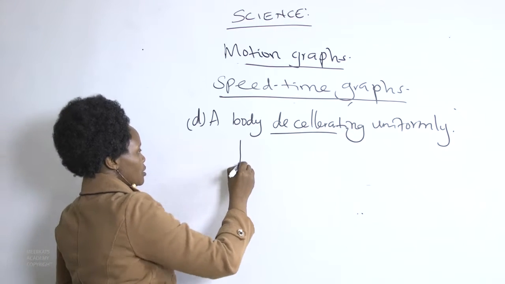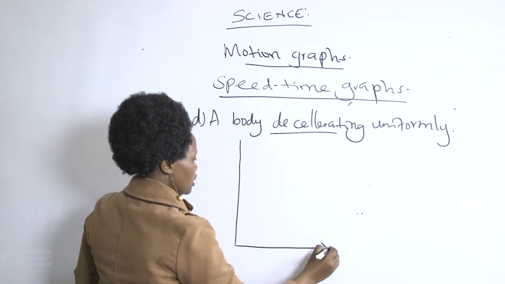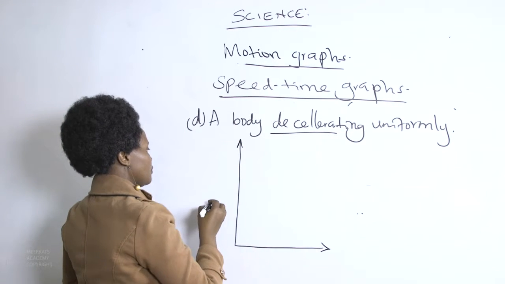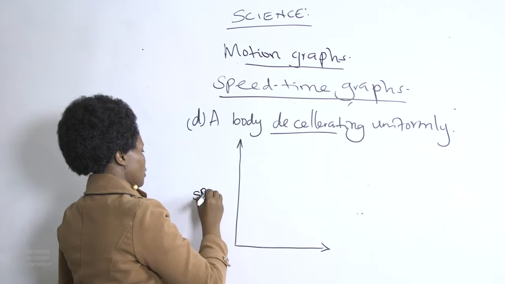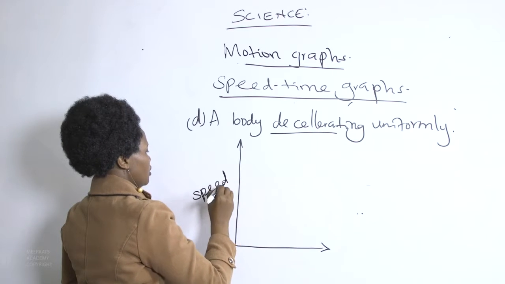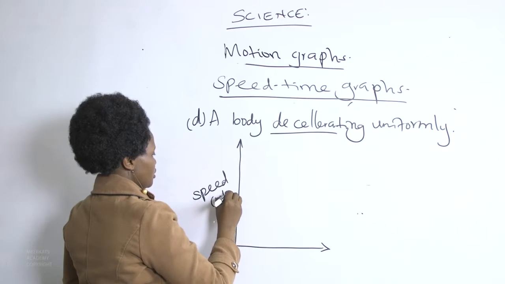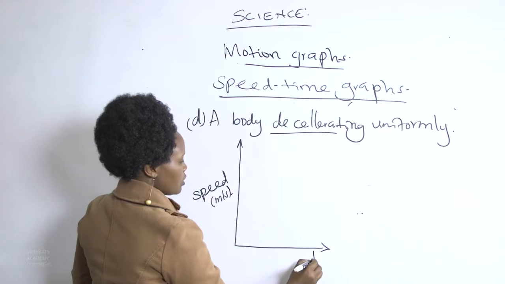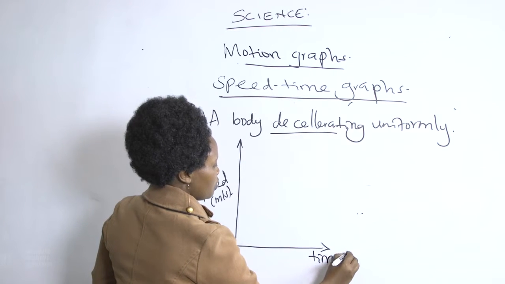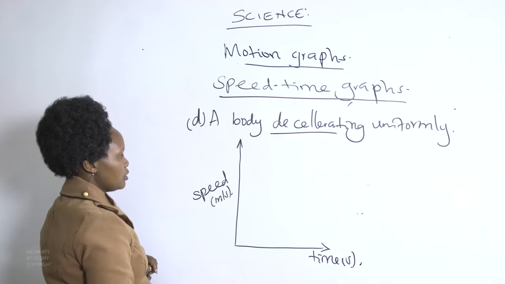If we plot this on a grid, this is our speed in meters per second. This is our time in seconds.